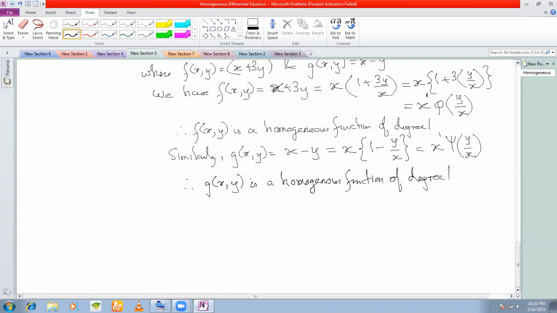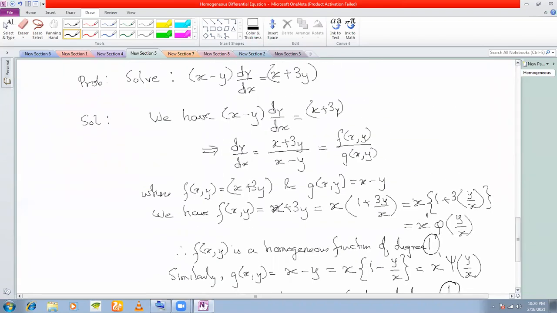Of degree 1, right? Therefore, what can we say about dy/dx? Therefore, dy/dx is equal to, the given differential equation, x plus 3y divided by x minus y. What is the degree of f(x,y)? 1. And what is the degree of g(x,y)? It is 1.